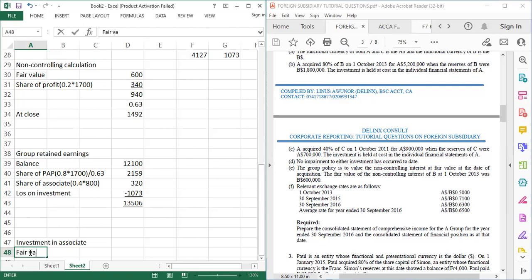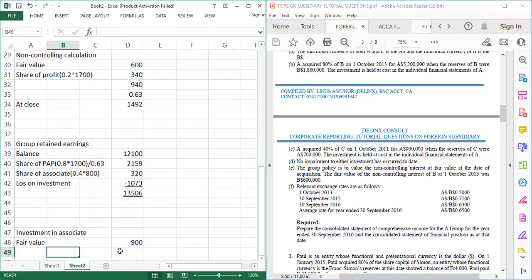How much did you acquire the associates for? 900. So during the year, if there's any interest on the account, it will increase your account balance, isn't it? Yes. So we have the share of the associate's post-acquisition profit, which we already calculated to be 320.